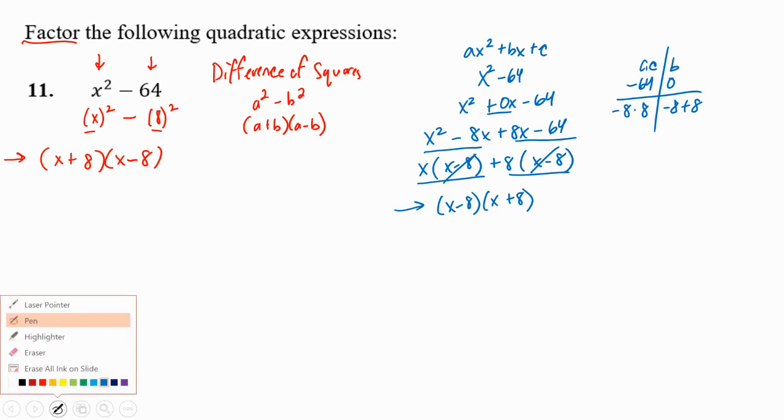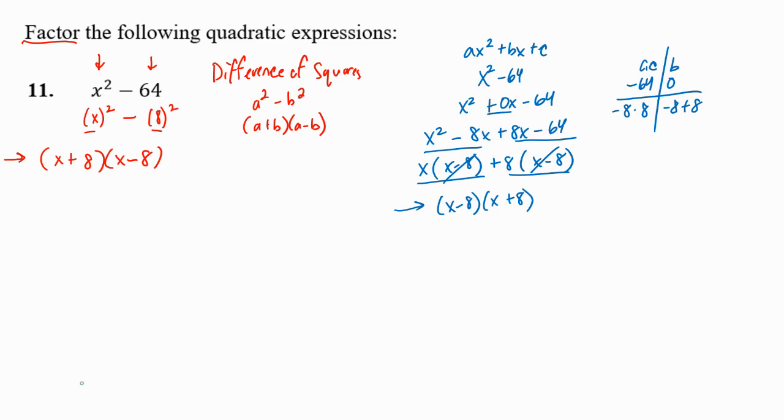You could also use a shortcut from the previous problem. So we have x squared minus 64, right? If I put 0x in for bx, we have x squared plus 0x minus 64. Again, because a is 1, that's super important, we can go immediately to parentheses. The only way we'll get x squared is if the first term in each is x.